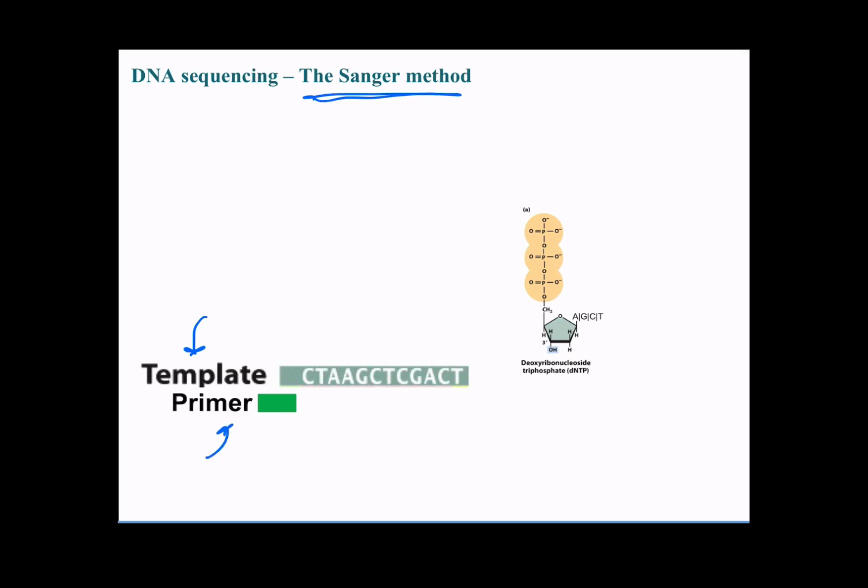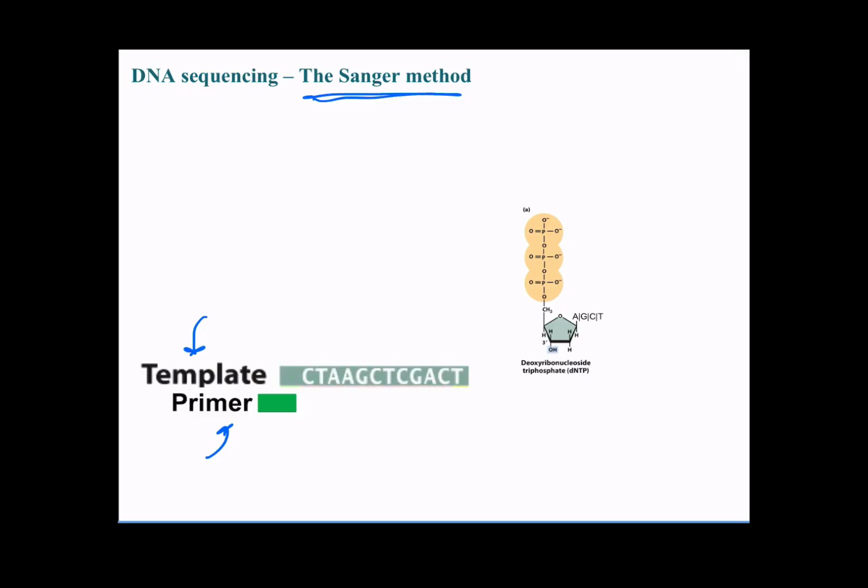Sometimes we do what is called random priming, meaning short sequences that will, one way or another, bind to these template DNAs that we're trying to sequence. And then we do the usual. We mix this primer bound to a template with some DNA polymerase, some dNTPs, and the right buffers, and we let DNA polymerase go to work and start synthesizing new DNA.